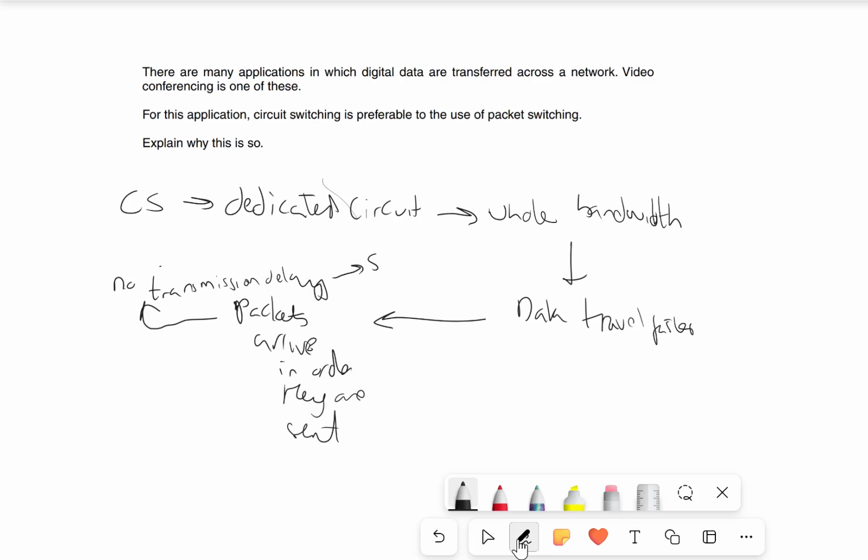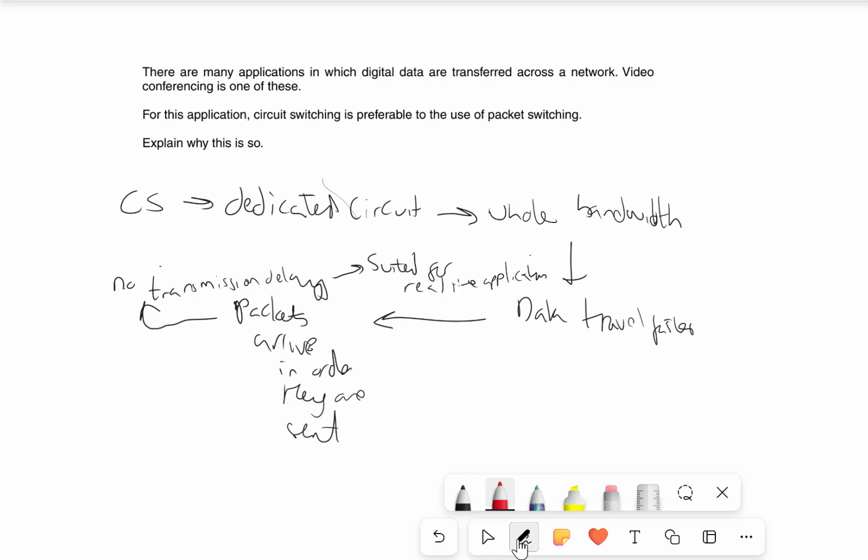So suited for real-time application. Appreciate it's more expensive to do circuit switching. So these are all the reasons why we would use circuit switching.